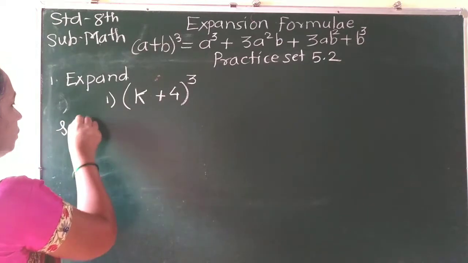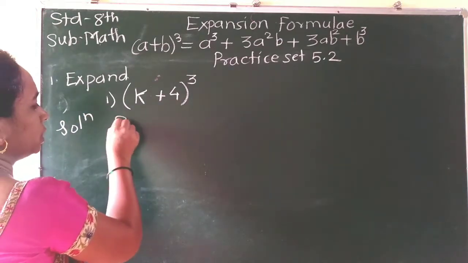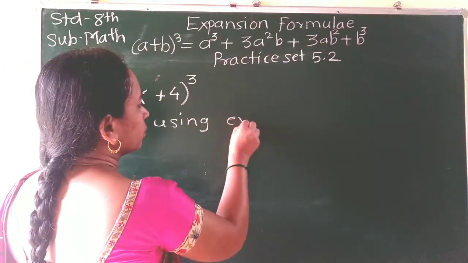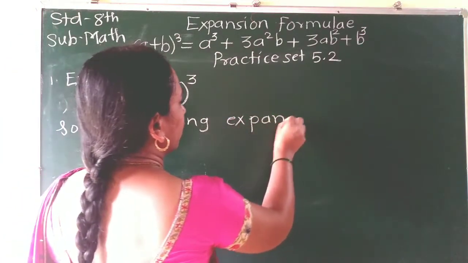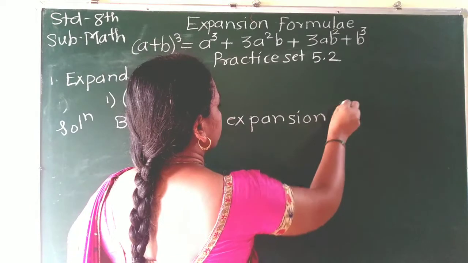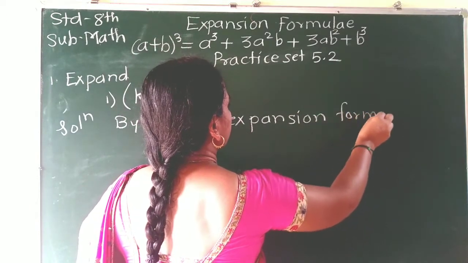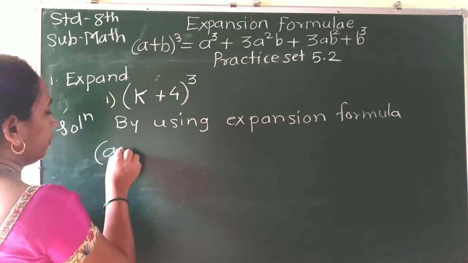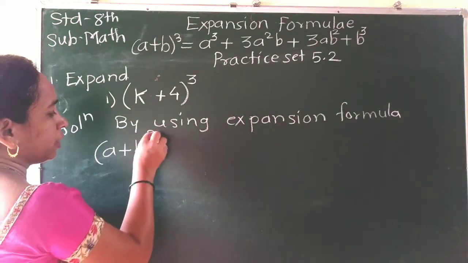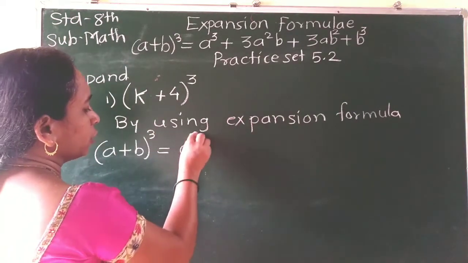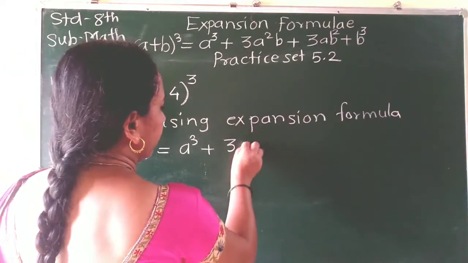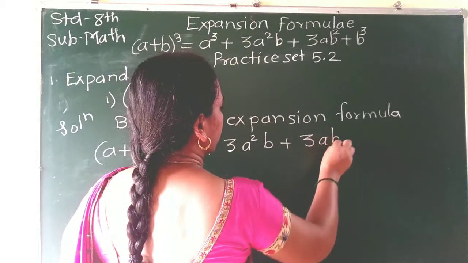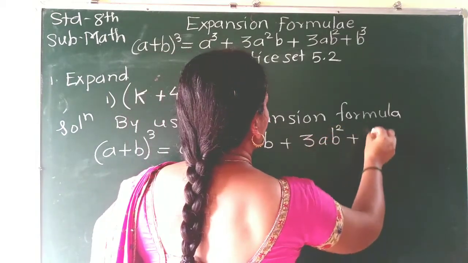Solution by using the expansion formula: (a + b) cube is equal to a cube plus 3a square b plus 3ab square plus b cube.